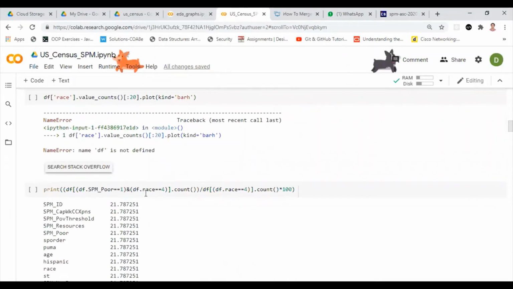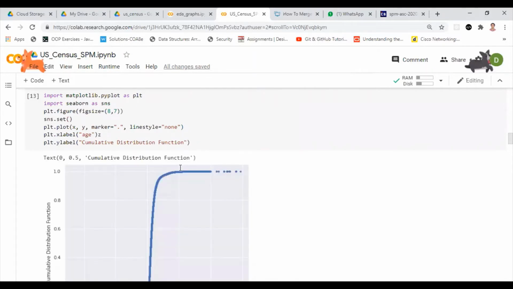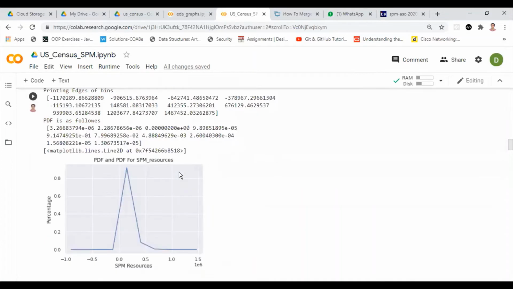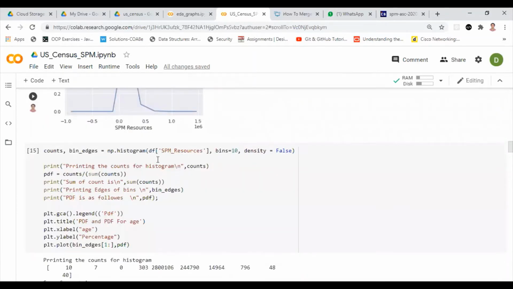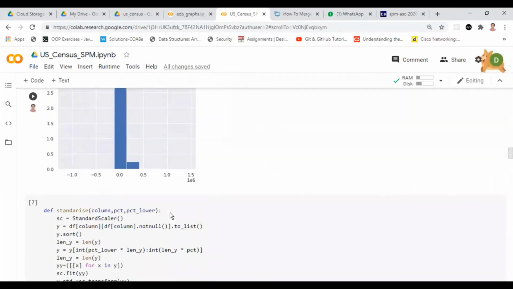Next, the chi-square goodness of fit distribution test was performed on these attributes to determine whether they fit a normal distribution or not.